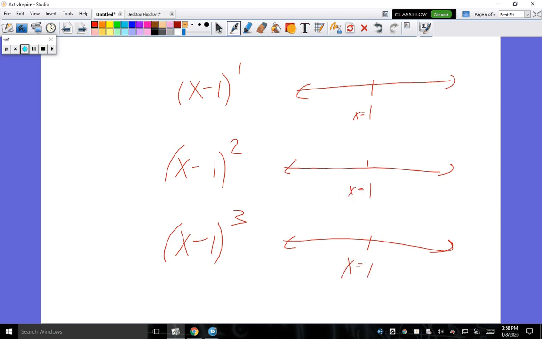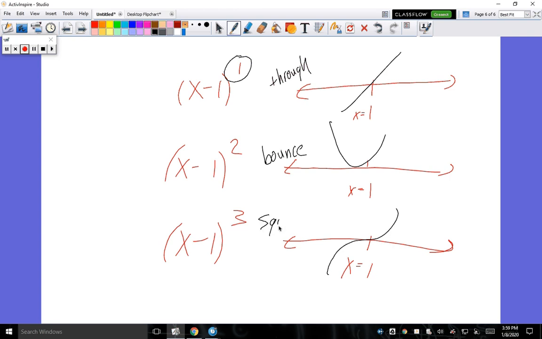Okay? If it's 1, it's just going to go through. If it's 2, it will bounce. And if it's 3, 5, 7, 9, anything odd that's not 1, it will squiggle through. And we are done. Nicely done, guys. Nice.